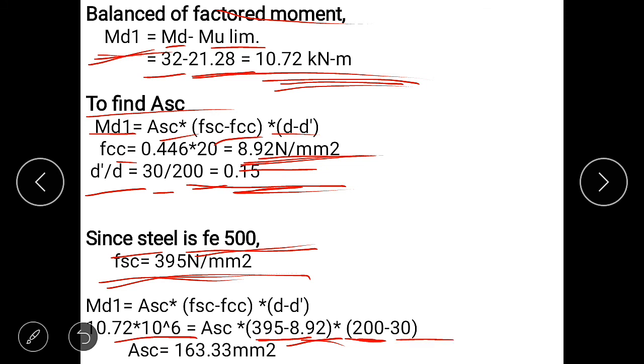So we transfer and divide: 10.72 into 10 to the power 6 divided by (395 minus 8.92) into (200 minus 30). So we got Asc is 163.33 mm square. We get here Ast1 and Asc.